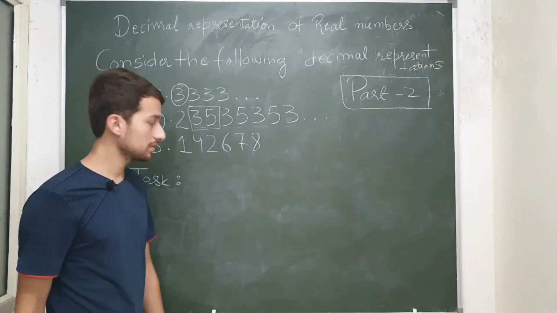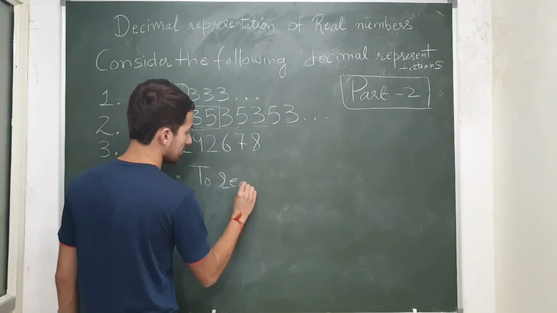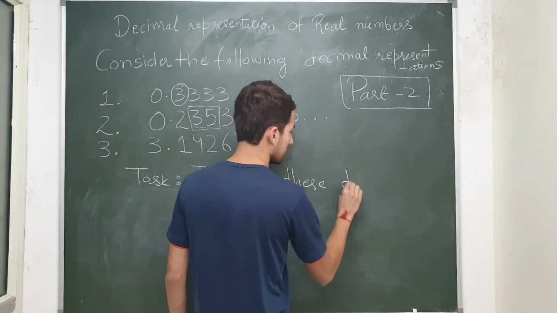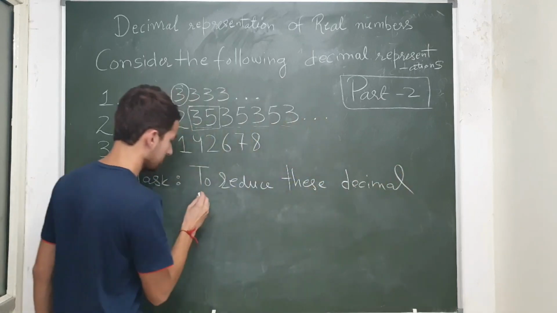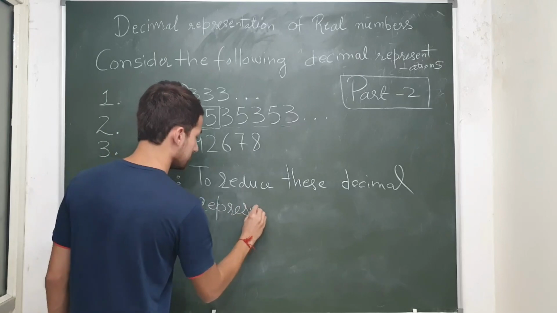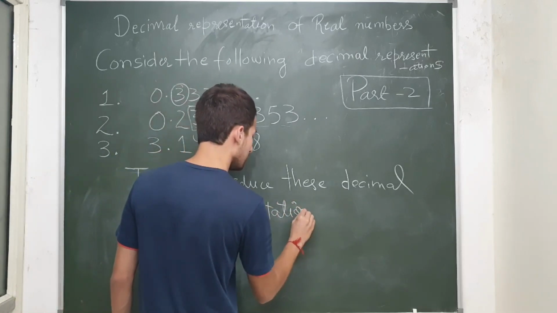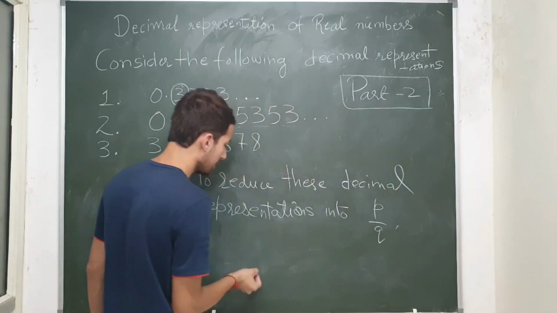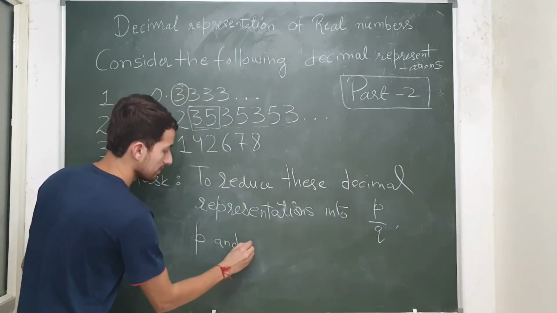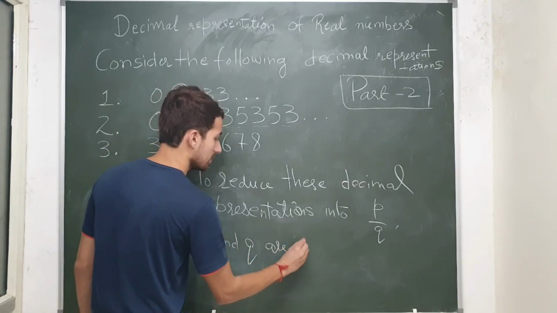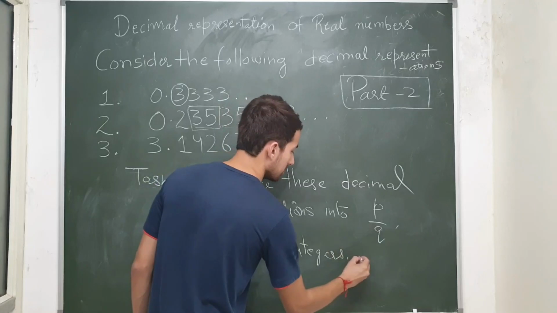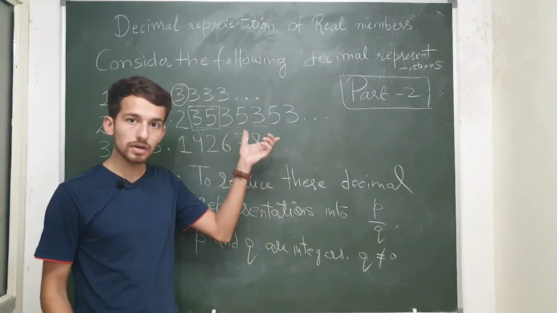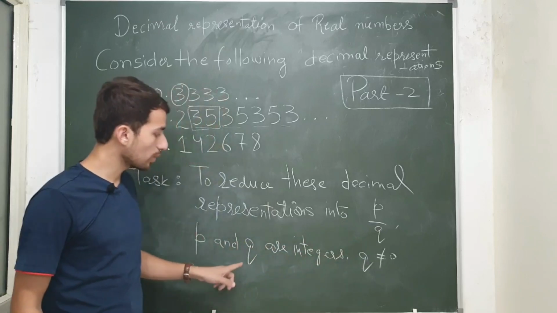My task for today is to reduce these decimal representations into the form P by Q, where P and Q are integers and Q is non-zero.